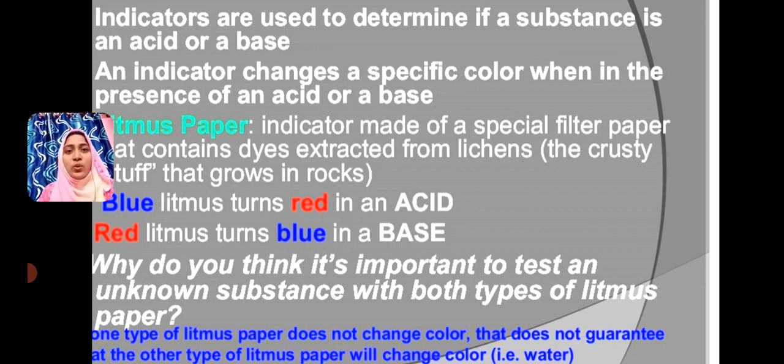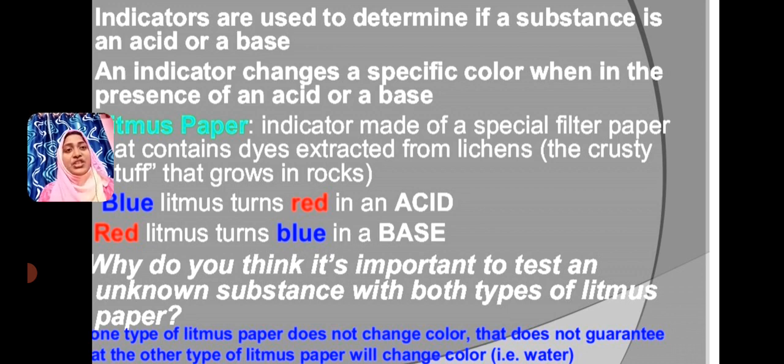So, what do we do? We use indicators. What are these indicators? Indicators are used to determine if a substance is an acid or a base. How it will determine, we shall study further.